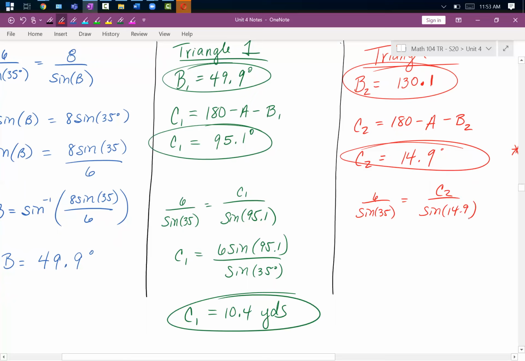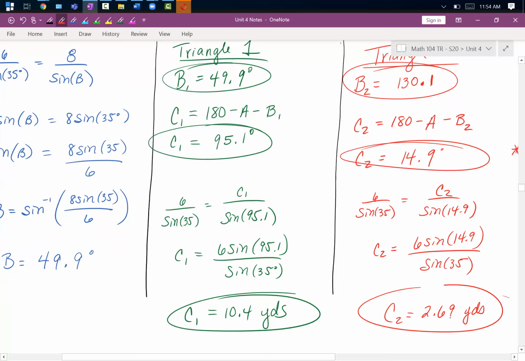Multiplying both sides by sine of 14.9, we isolate C2. And then we want to plug that into our calculator.